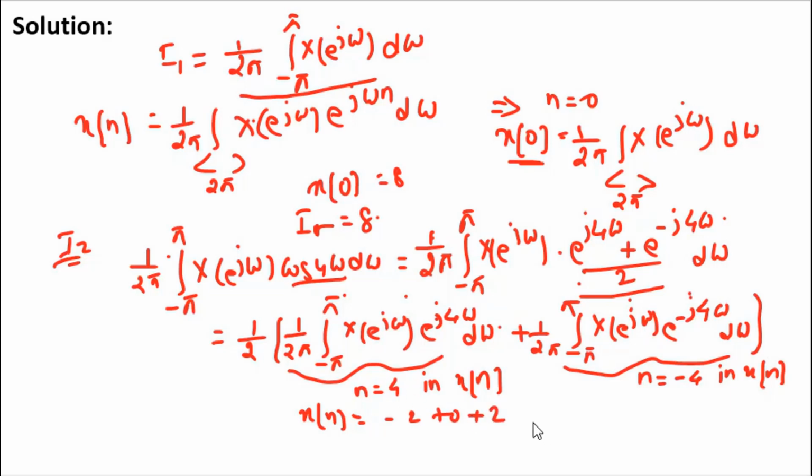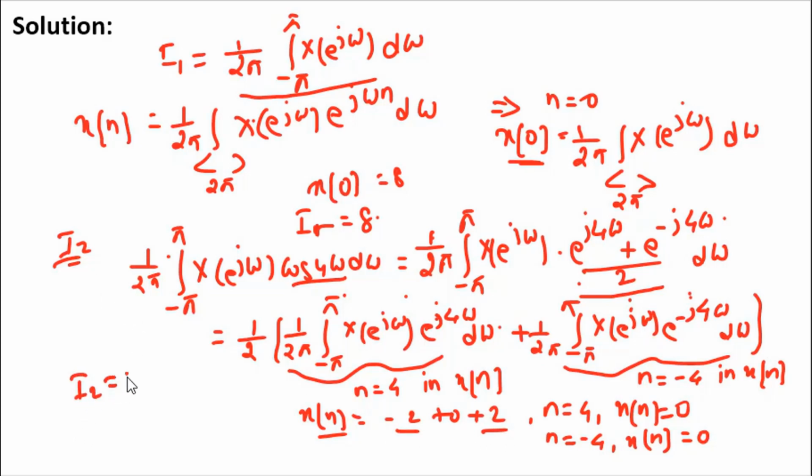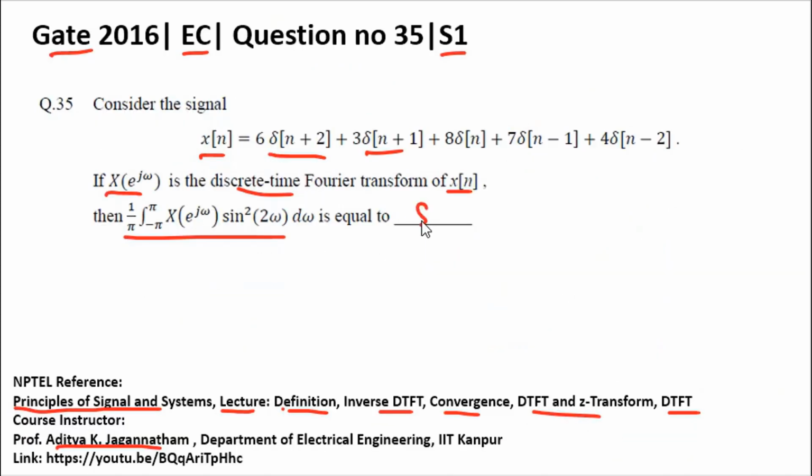So for n equal to 4, x of n is 0, and for n equal to minus 4 also x of n is 0, because x of n is lying from minus 2 to plus 2. So this whole I2 becomes 0, and the answer for the question will be given by only I1, that is equal to 8. So the correct answer for this question is 8.